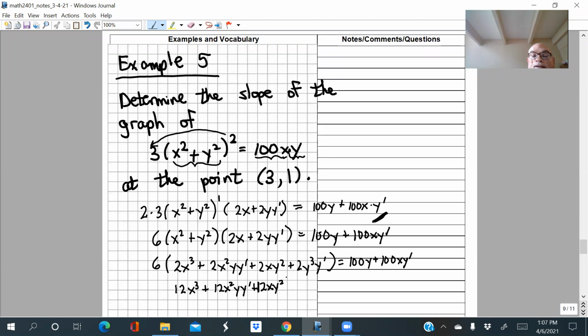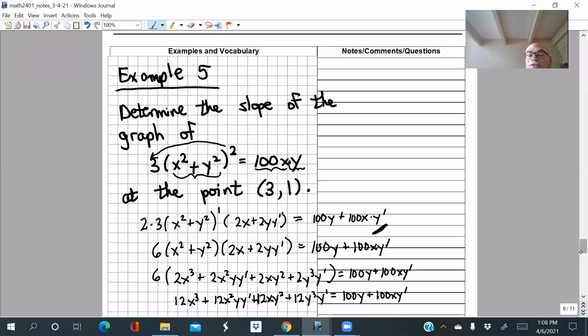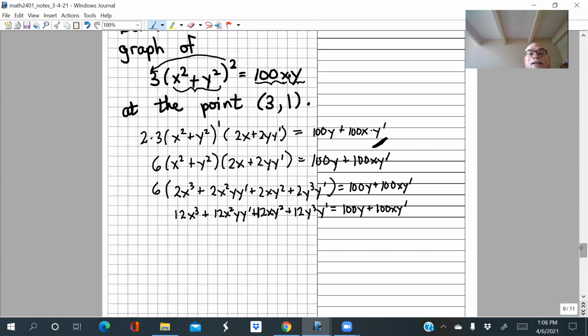And then plus 12y cubed y prime. All right, so we expanded all of that. We expanded all of this product here on the left-hand side. So you end up with what looks like a mess.